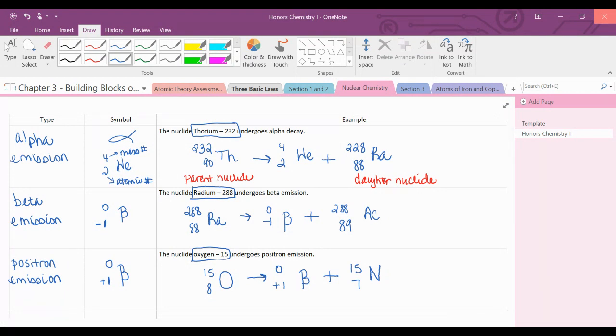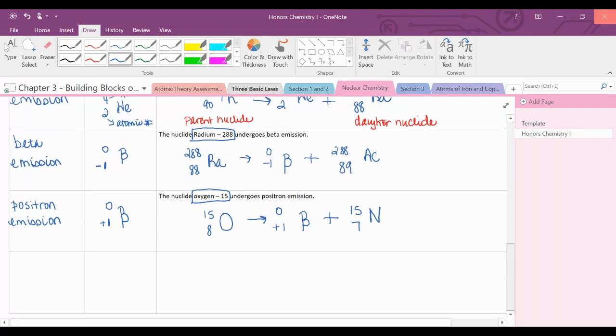All right, we have one last type to look at, and this one is the one that you are not going to be expected to write nuclear equations for. And the one we're going to end with is gamma emission.